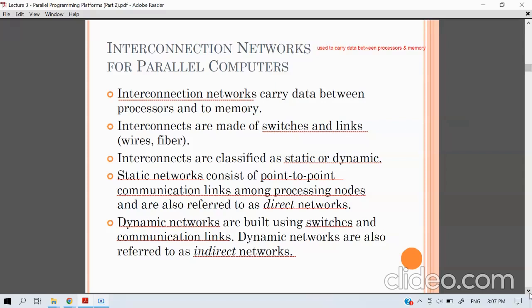Meanwhile, dynamic networks are built using switches and communication links, and are also referred to as indirect networks. So static interconnects connect the processors and memory using point-to-point communication, while dynamic networks use switches and communication links to make the connection between the processors and memory.